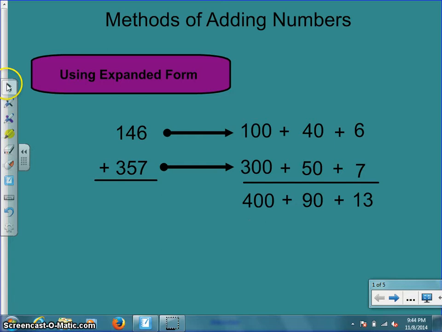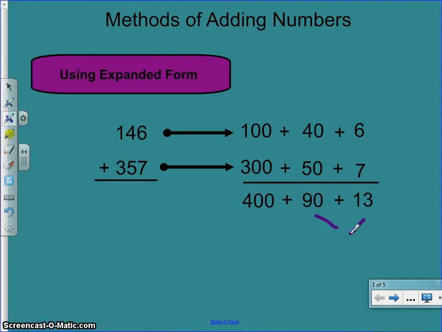So I would add 90 plus 13, and that's going to give me 103. Then I take my 103 and add it to 400. 400 plus 103 is going to give me 503. So 146 plus 357 would be 503.